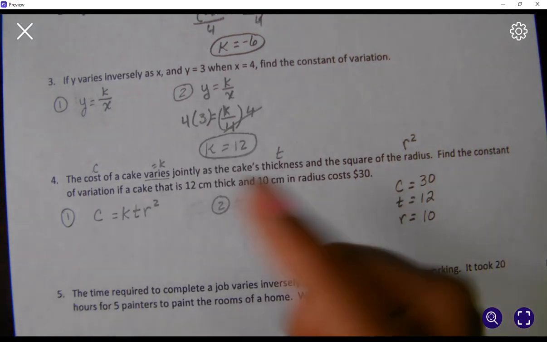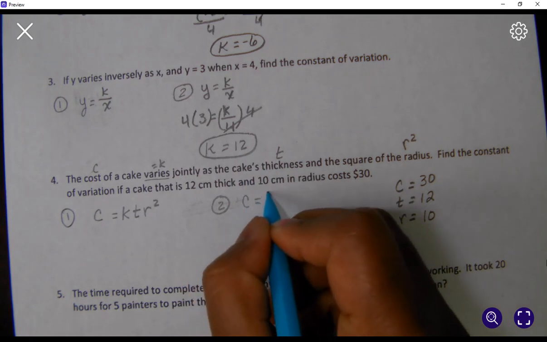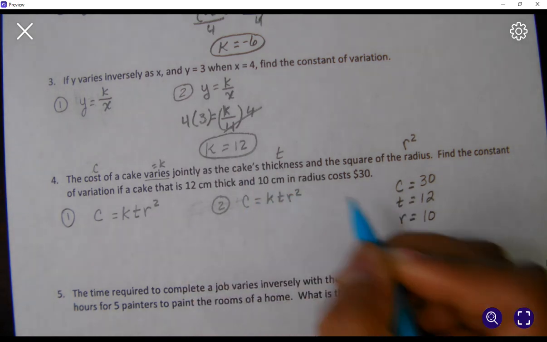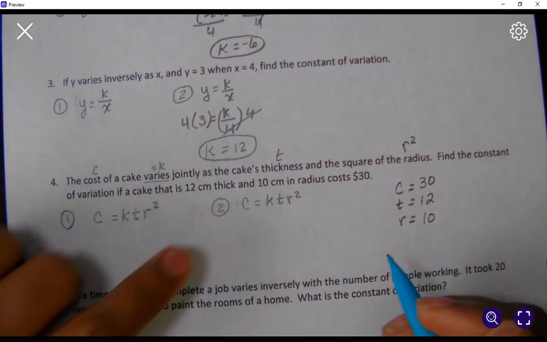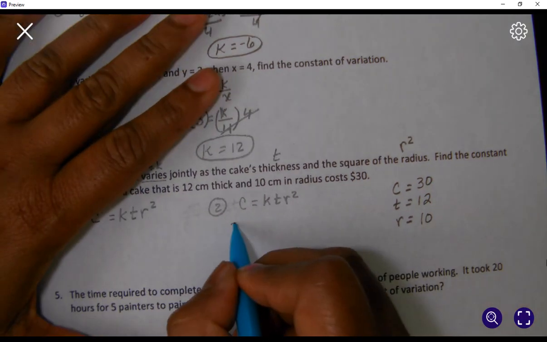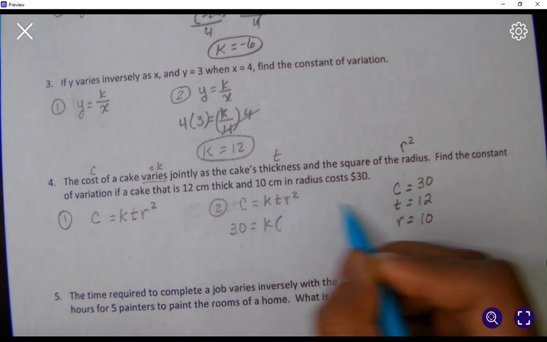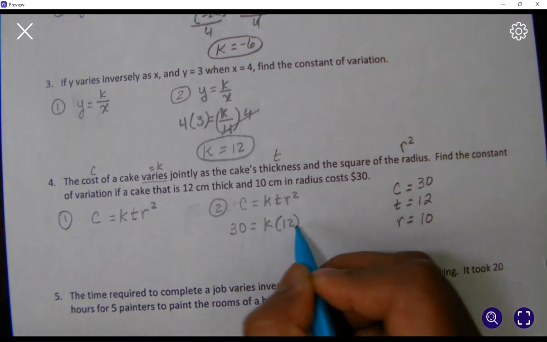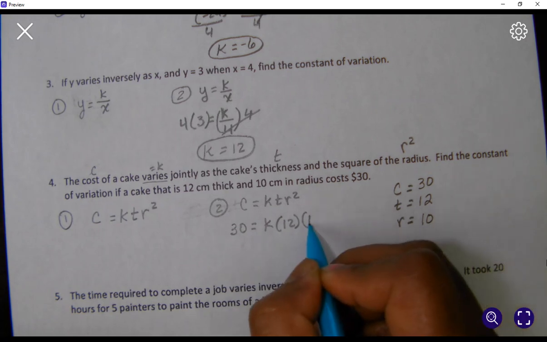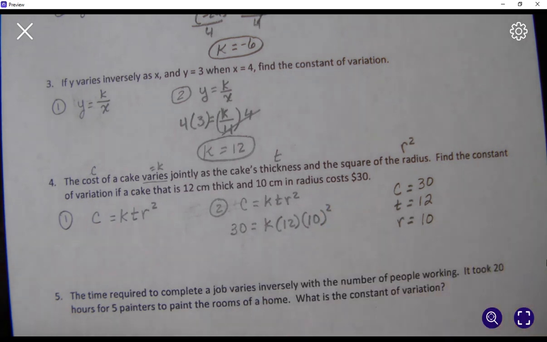Now I'm going to plug it into this equation. So let me rewrite this quickly. And then I'm going to plug in all these numbers. So my cost is equal to 30, and then my thickness is equal to 12, and then my radius is equal to 10, and you have squared.